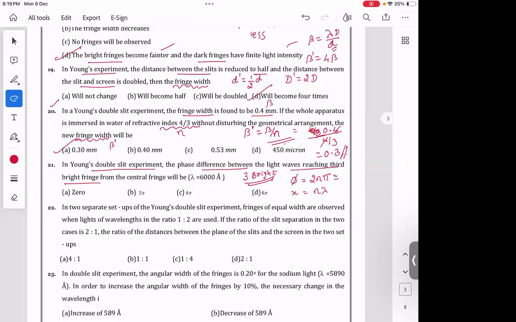For the third bright fringe, it will be 6 pi and 3 lambda. So the phase difference must be equal to 6 pi and the path difference will be equal to 3 lambda. Look at the options they have given. Option D, 6 pi.